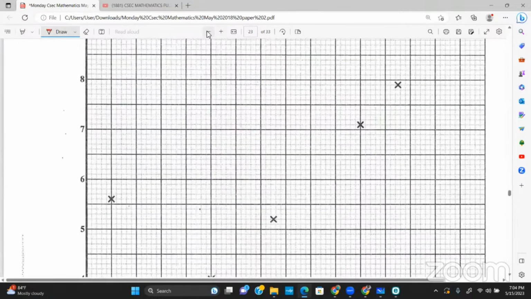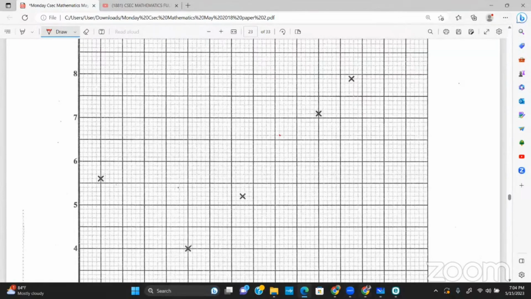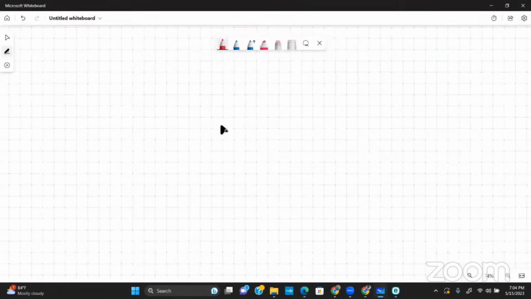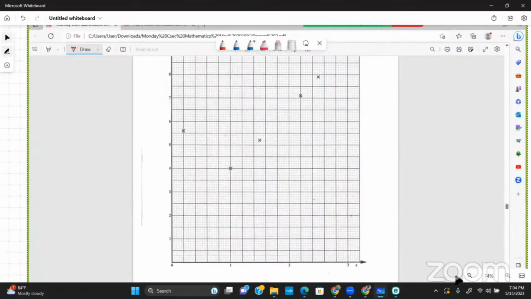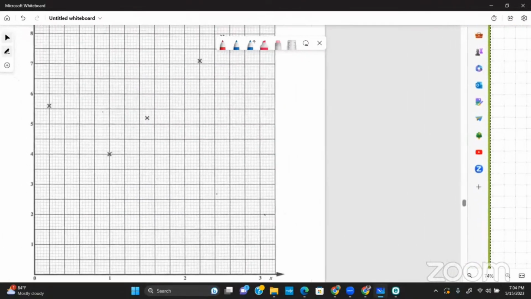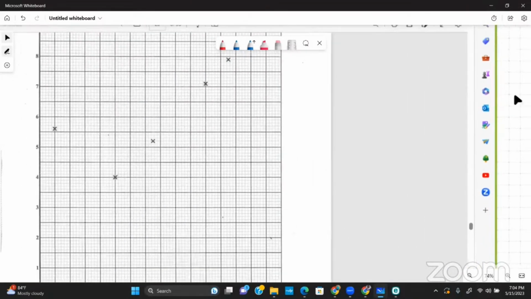A little bit too big there. All right, good. I'm going to take this off and put this there. Not going to crop it. I think it could work right now.